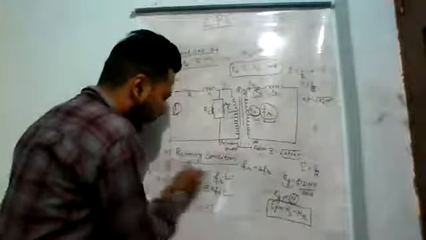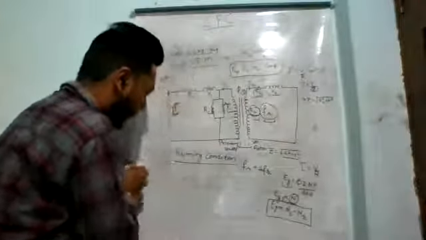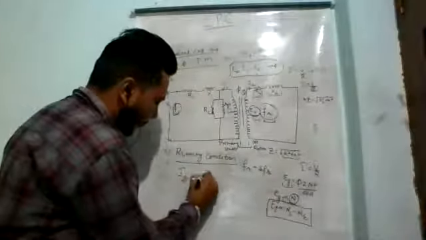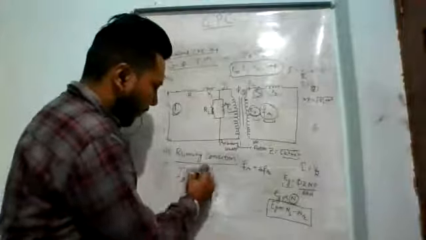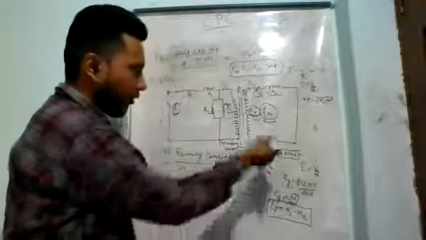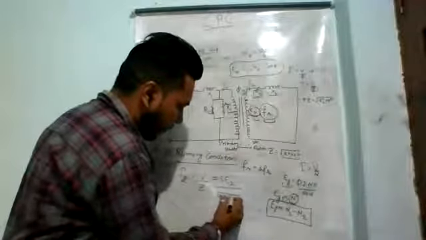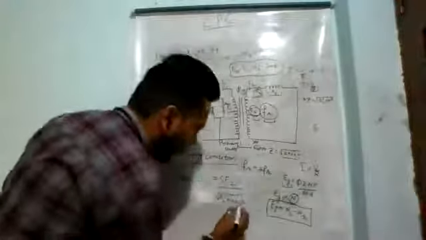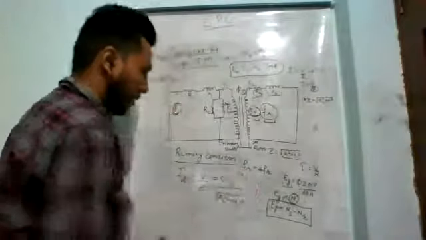Similarly, the value of current at the secondary side is given by I2, which is equal to V upon Z. The voltage induced at the secondary side is S into E2, and the impedance is the combination of R2 squared plus S into X2 squared, because this reactance is also multiplied with S. As we discussed earlier, the secondary side reactance is S into X2.